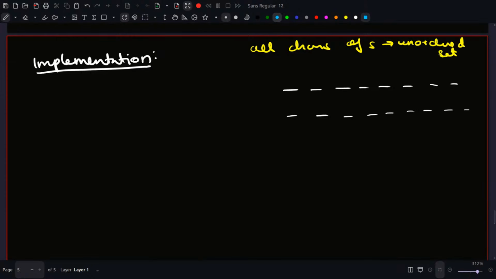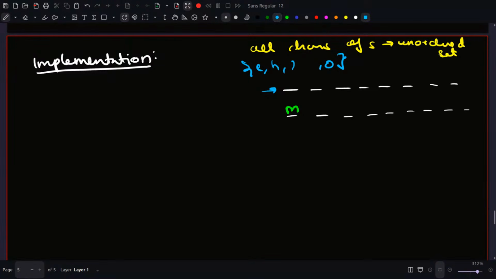Now we can try the first position as the first point of difference. Actually, not an unordered set; we can put it in a normal set so it will be easy to do upper bound. Let's say the character over here was M, and we want to try the first position as the first point of difference.